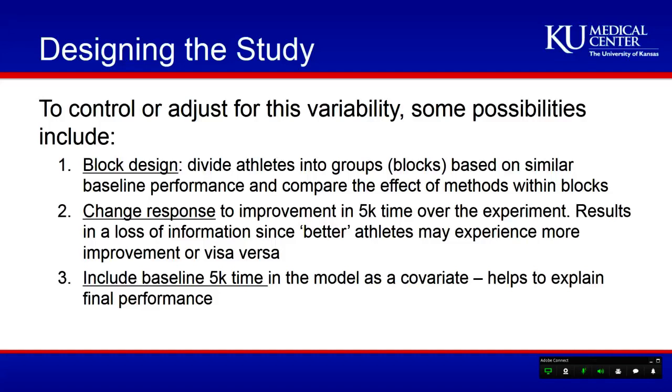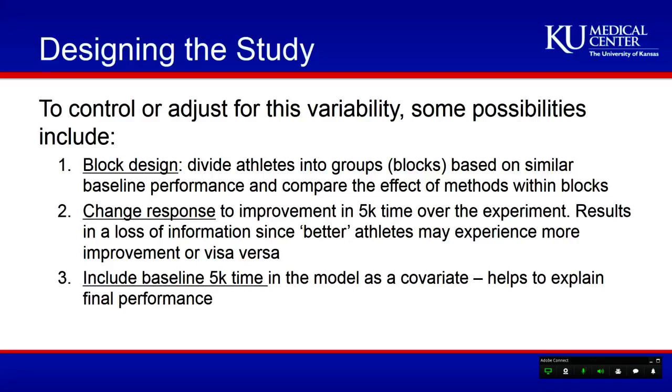Another way that we often approach this is, instead of just looking at their response, their 5K time at the end, we might look at their changing response. So measure their baseline performance, then their performance at the end, and calculate some kind of change score. The problem with that is that you actually lose some information, because better athletes might experience more improvement or vice versa.